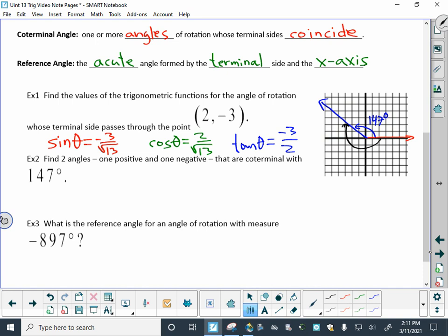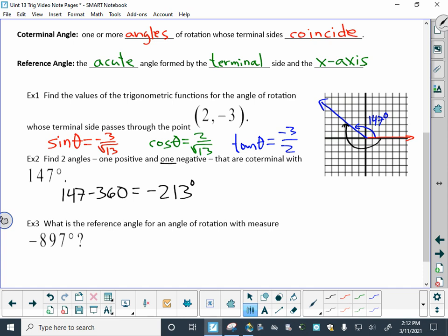So if I do the 147 minus 360, I get negative 213 degrees. So negative 213 degrees is exactly the same thing as positive 147 degrees, because 213 and 147 will add up to 360.